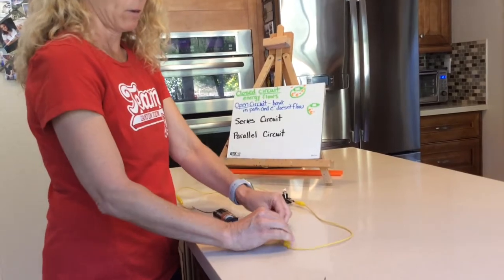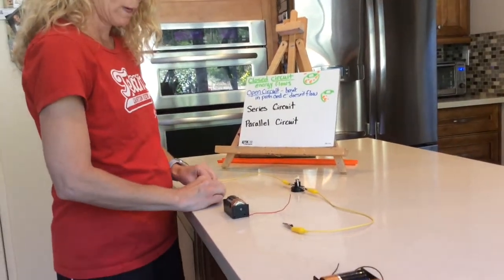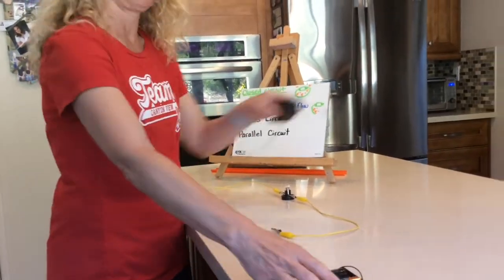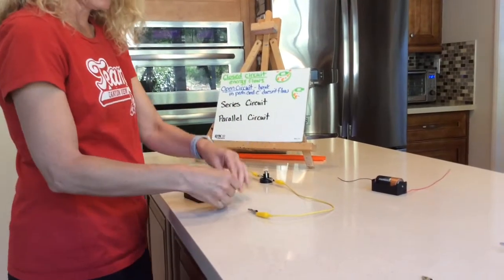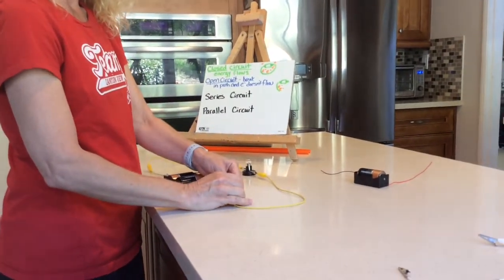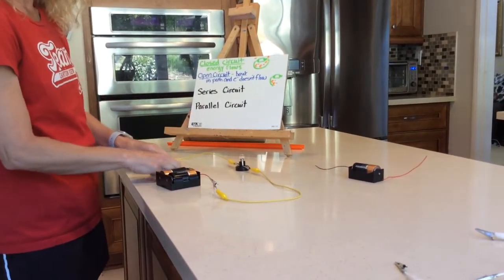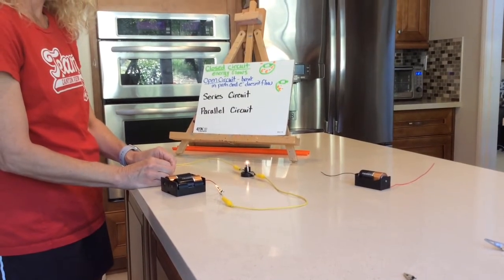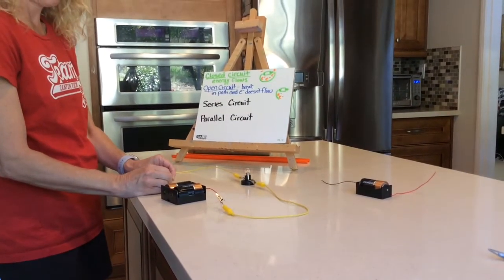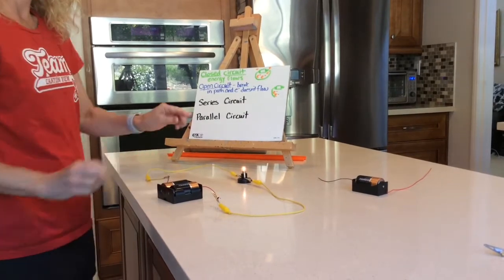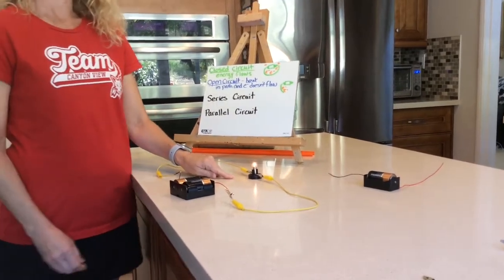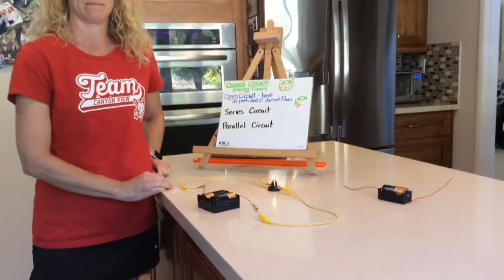Whereas if I change it to a 1V battery and give it more current, look what happens to my bulb. There, it is much brighter, because I have more current.